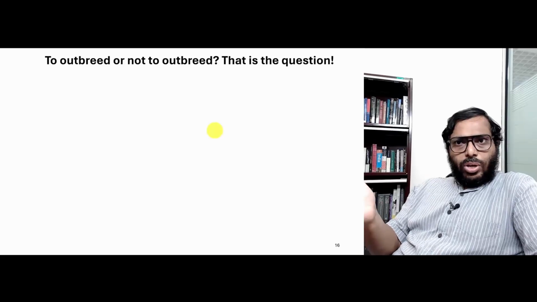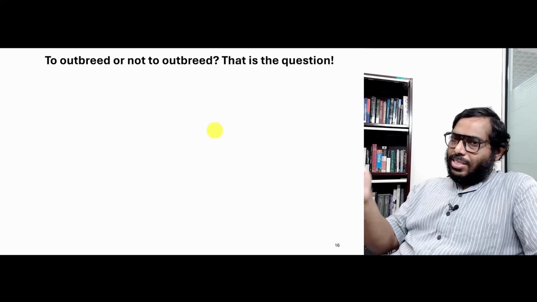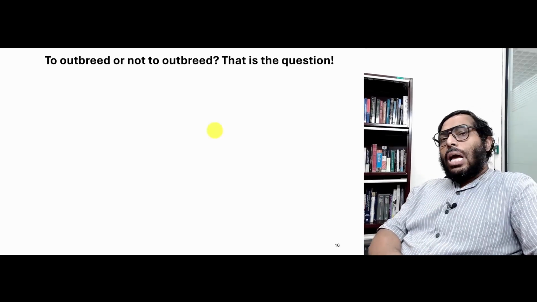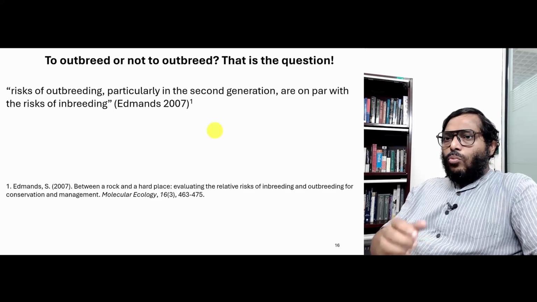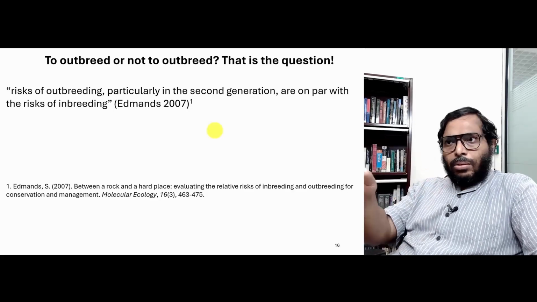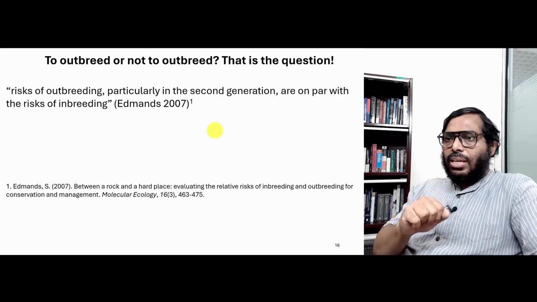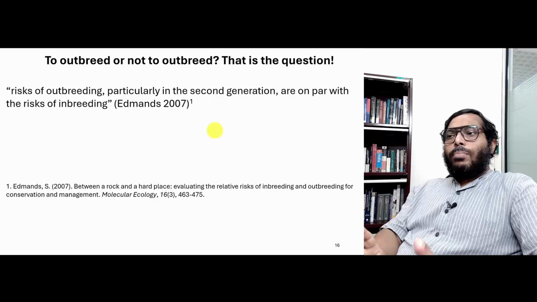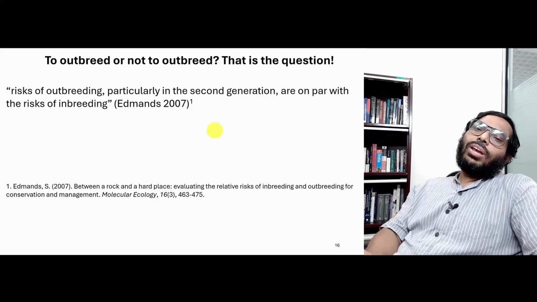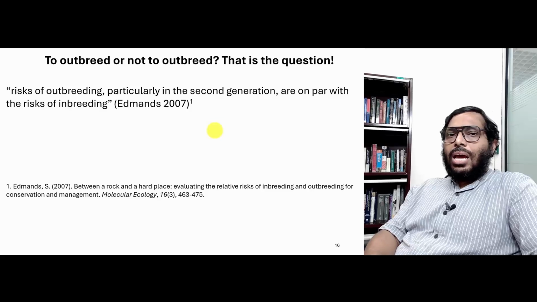So, what do we do? To outbreed or not to outbreed? That is the question. It turns out that there is some bit of controversy in the literature about this. On one hand you have people, for example, this is a review in 2007 which straight away says that the risks of outbreeding, particularly in the second generation, are on par with the risks of inbreeding, which basically means they are equally bad.